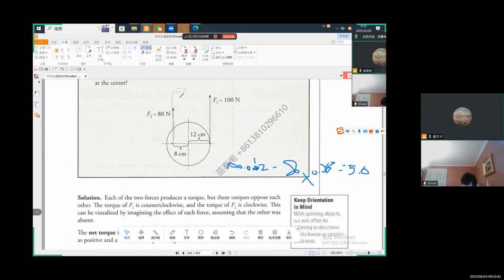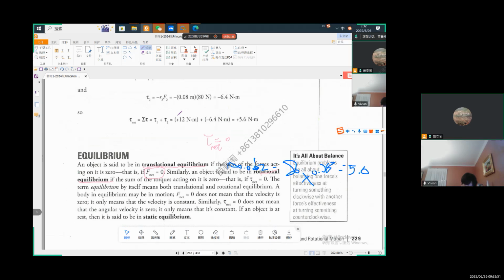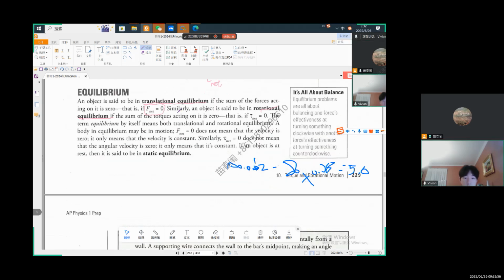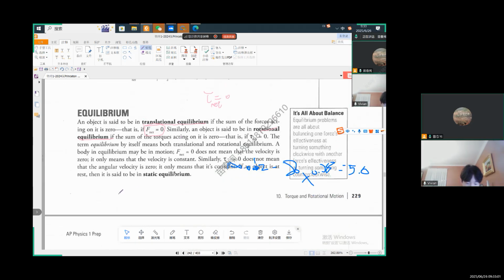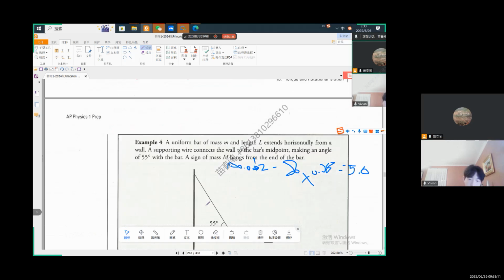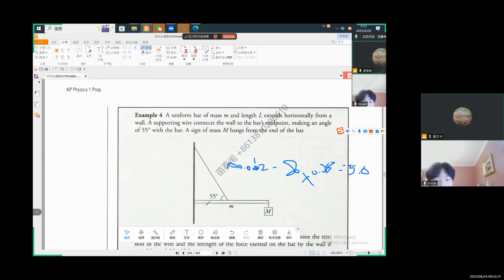What you provide in this and what you provide in this meet each other, positive and negative, and balance. So there is no rotation. It's rotational equilibrium. When that happens, torque 1 plus torque 2 is 0, torque net is 0. As long as you are at rest, that will happen.